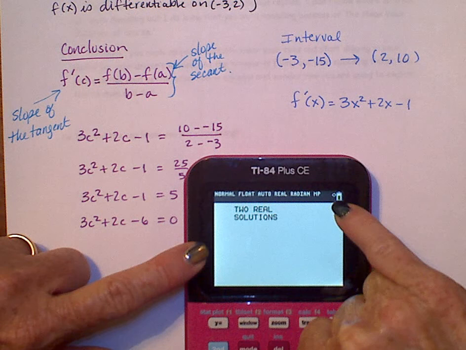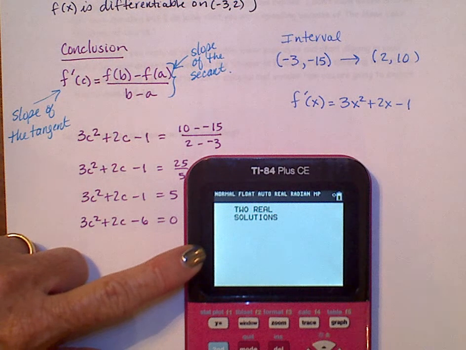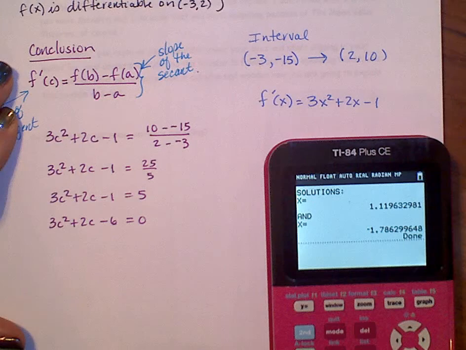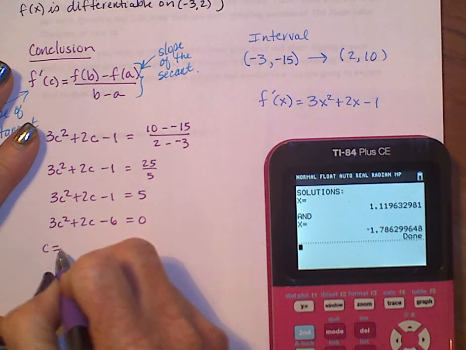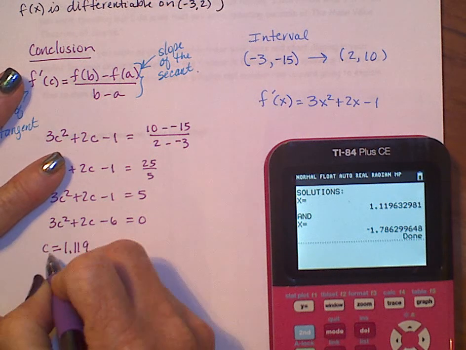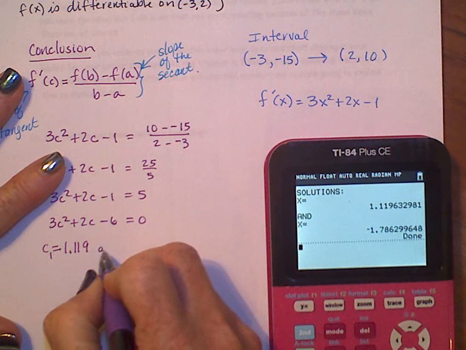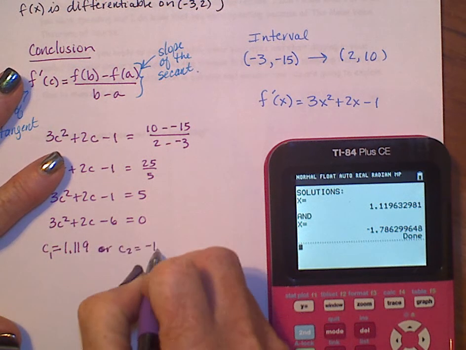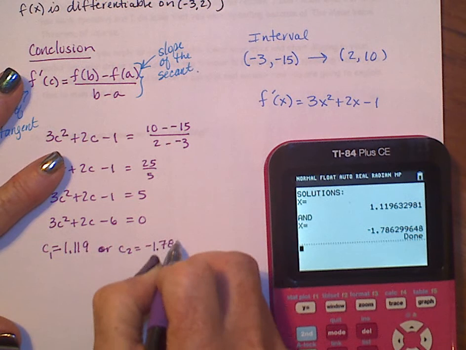That tells you that this program is pausing. Hit enter to continue it on. And we have 2 solutions here for C. C is 1.119, and well, that's C1. And C2 is -1.786.